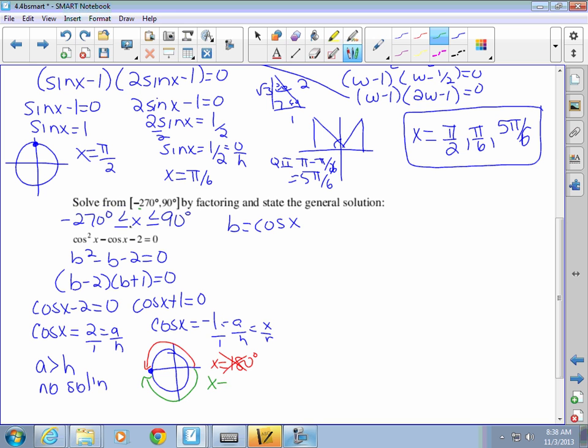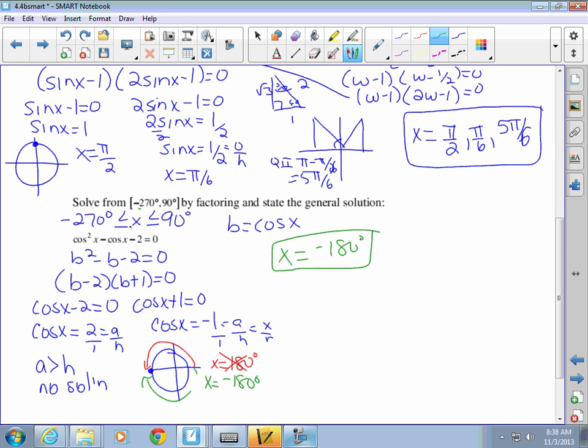So that would mean x is equal to negative 180 degrees. X equals negative 180. Negative 180 fits within that restriction. So then I know I have my solution. So my solution for this is just going to be x is equal to negative 180 degrees.